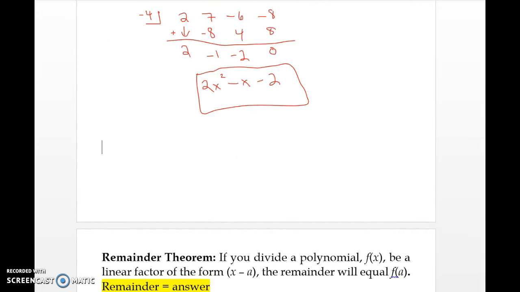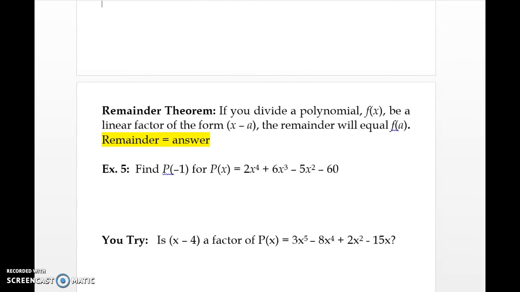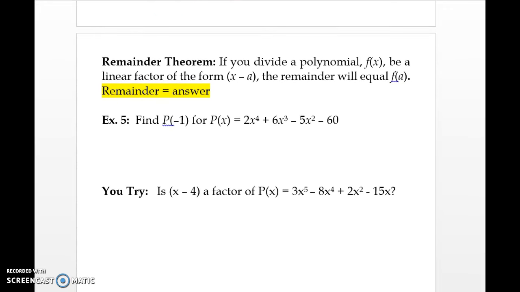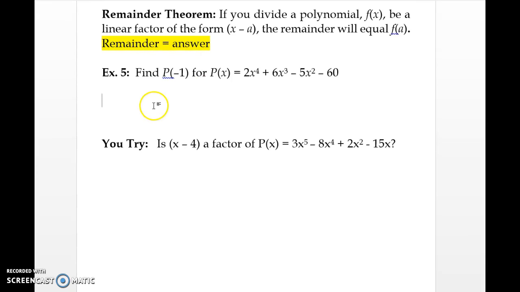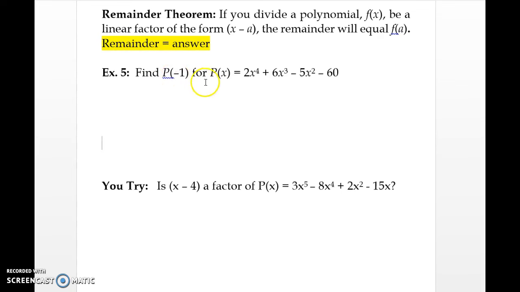So remainder theorem is the last thing we're going to do. It says, if you divide a polynomial f of x by a linear factor in the form of x minus a, the remainder will equal f of a. That is super complicated as a way to say whatever your answer is, that's the remainder. So one way they can give it to you is this. P of -1 for P of x equals 2x to the 4th plus 6x cubed minus 5x squared minus 60.